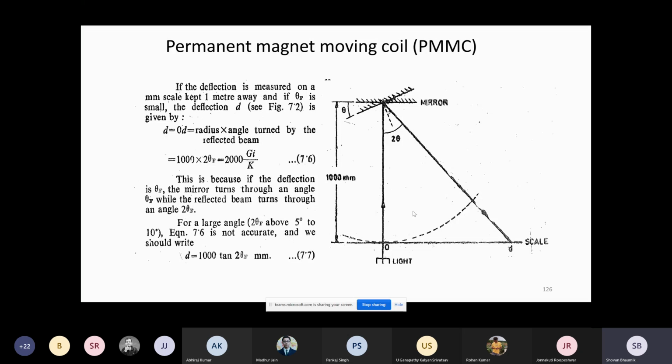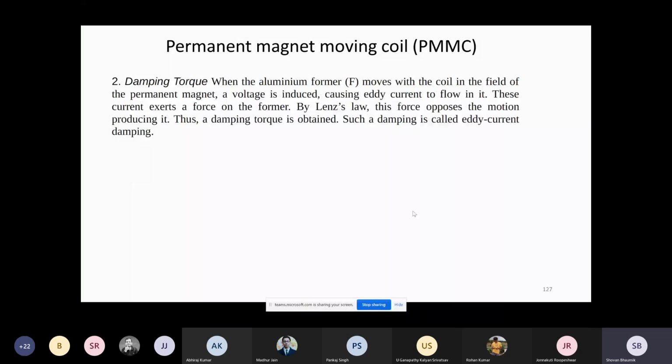So now the next question is, if your input is varying, or you give a fixed input, but before reaching steady state, how will the galvanometer deflect? If the input is fixed in amount and you wait for a long time, ultimately you will get the steady state, because you get some input which is not varying with time.